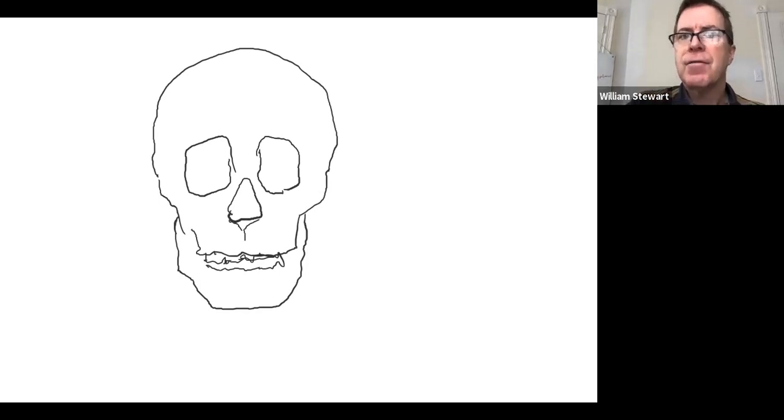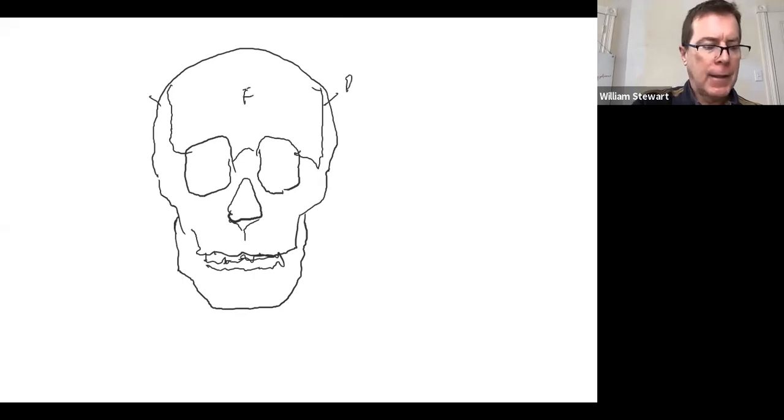And we've already identified the frontal bone, which basically the boundaries of that are here. The parietals you would just start to see on the edge here and here. This is the frontal bone. This is parietal. Temporals you would barely see from here at all. Temporal would be here.